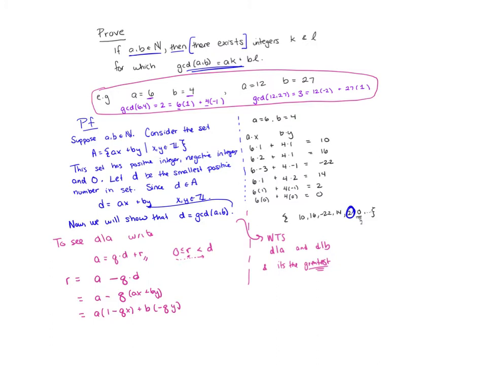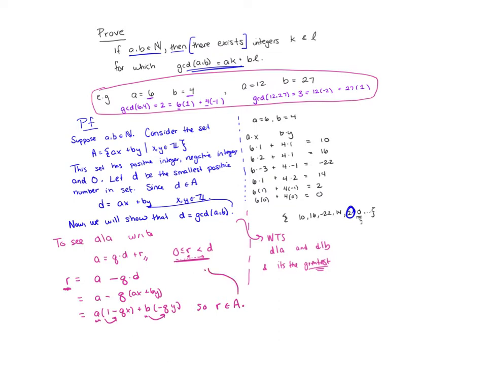But now I notice that this R, this remainder, this positive number here, can be written as A times some stuff plus B times some stuff. So that R is in my set A, because that set A contains everything that could be written as A times some stuff plus B times some stuff.